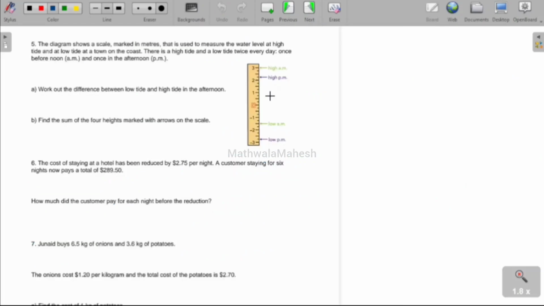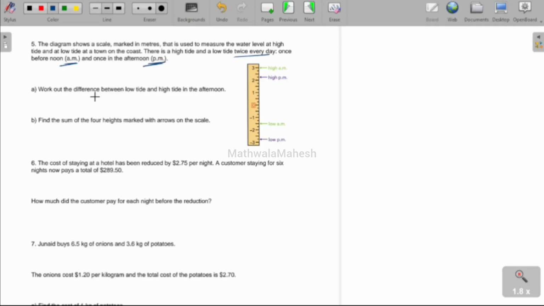Now the next one. The diagram shows a scale marked in meters that is used to measure the water level at high tide and at low tide at a town on the coast. There is a high tide and a low tide twice every day, once before noon, which is AM, and once in the afternoon, which is PM.